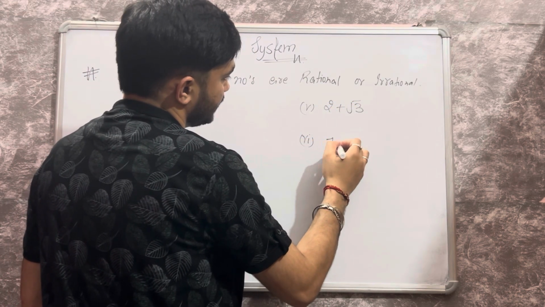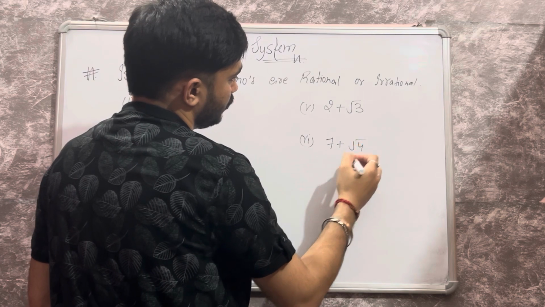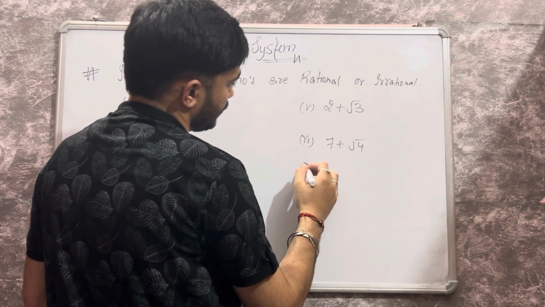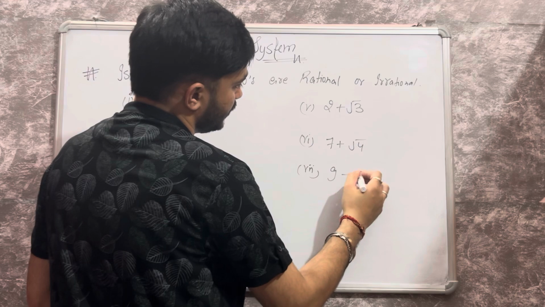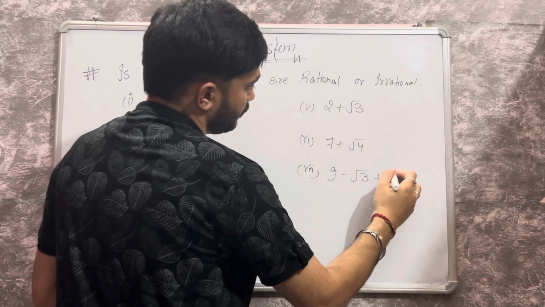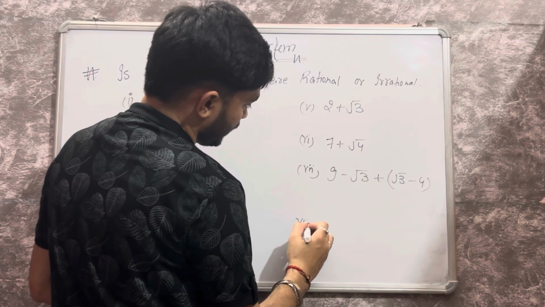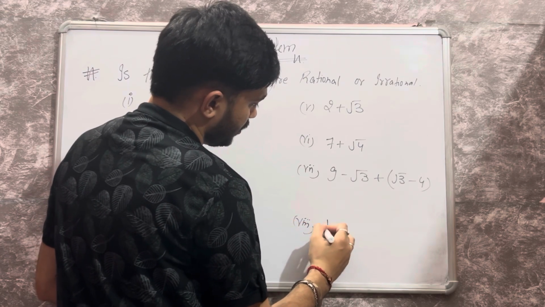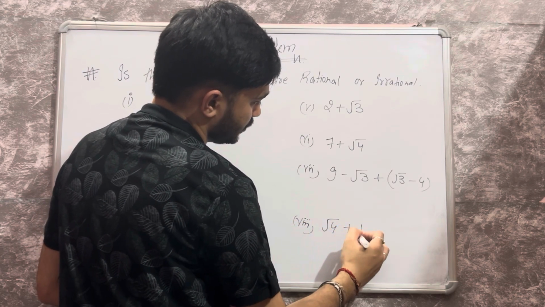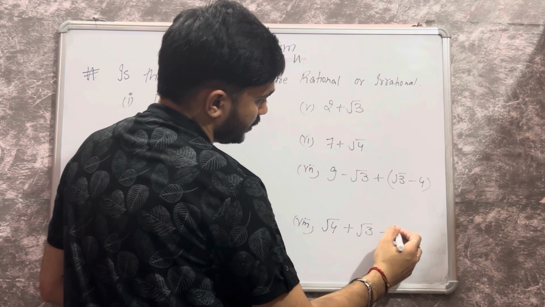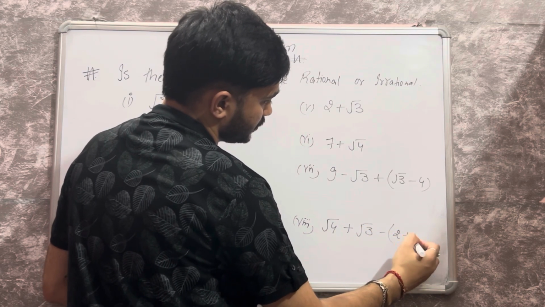Sixth, 7 plus under root 4. Seventh, 9 minus under root 3 plus under root 3 minus 4. Eighth, under root 4 plus under root 3 minus 2 plus under root 3.